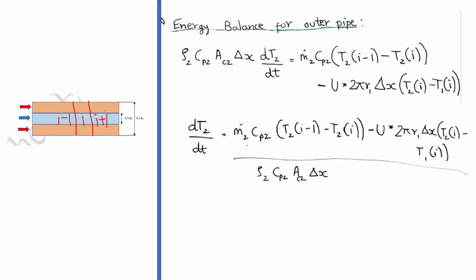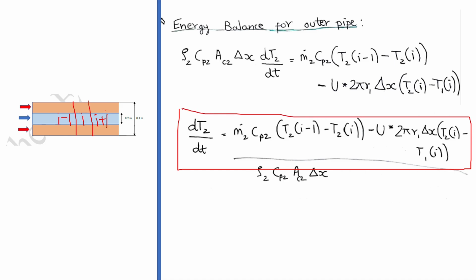And similarly, when we do the energy balance for the outer pipe in case 2, we'll have this equation. Now, if you have any doubts as to why we got this equation, you can refer to the previous section, or you can pause the video and take a look at each one of these terms one by one, and I'm sure you'll understand this pretty easily.